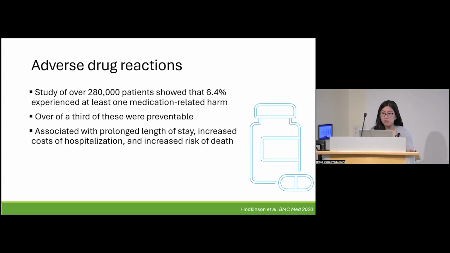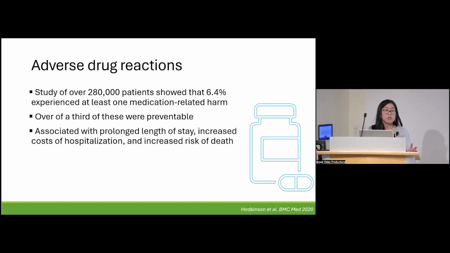And so I'll start by saying that adverse drug reactions are really a major problem. There have been systematic reviews and meta-analyses conducted. One study in over 280,000 individuals showed that over 6% of those had experienced at least one medication-related harm, and over a third of these were preventable, related to side effects.